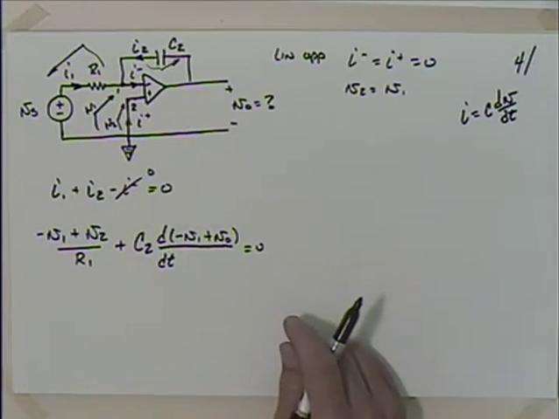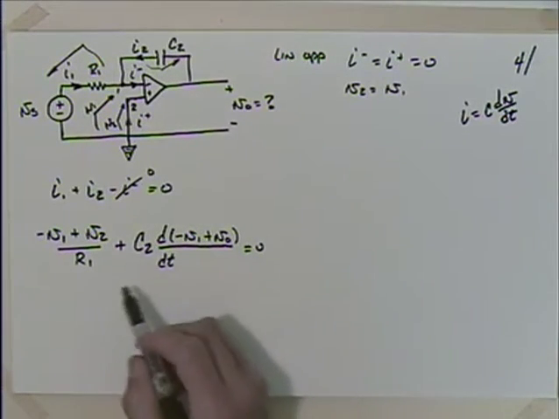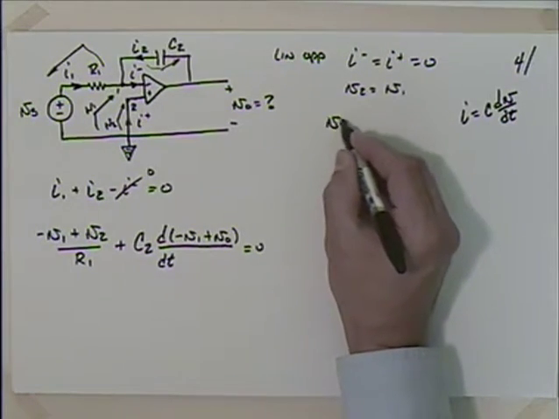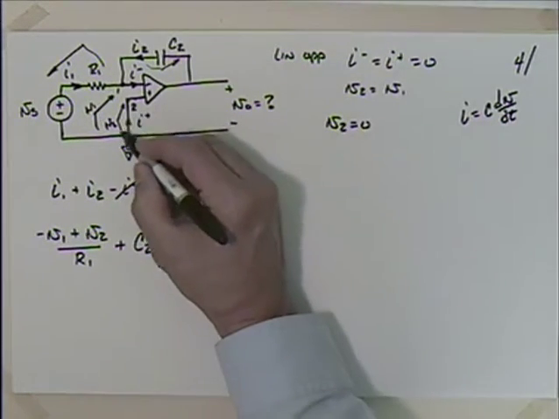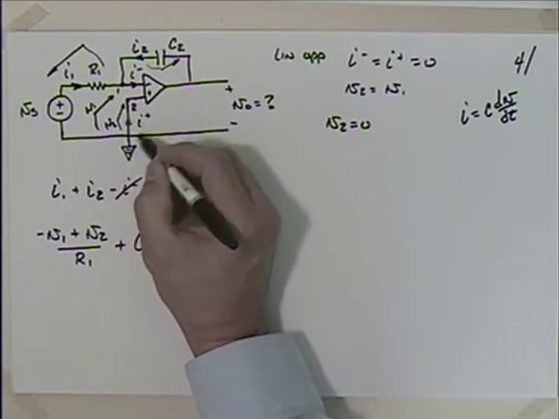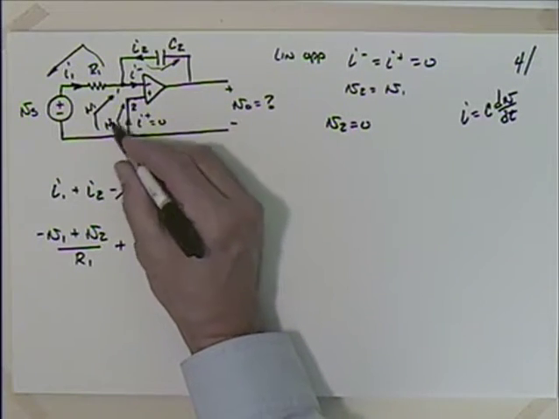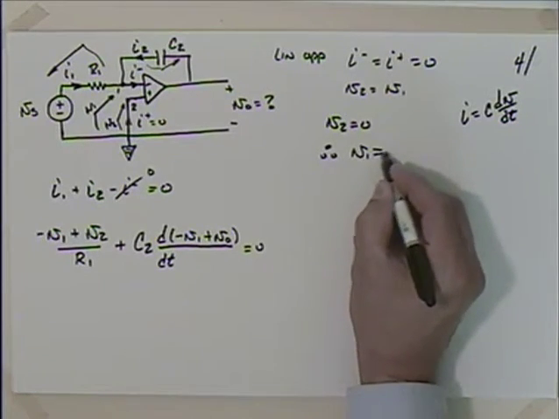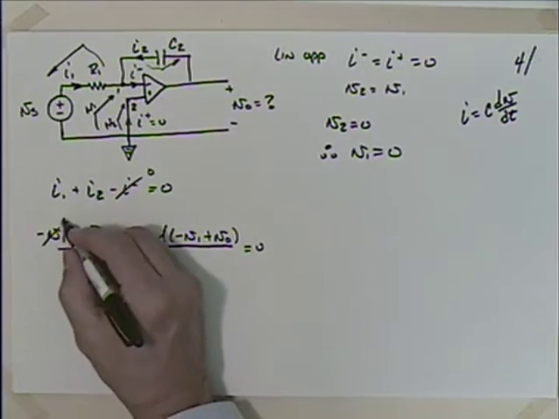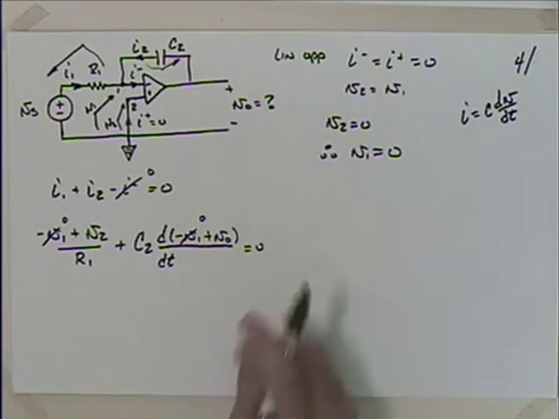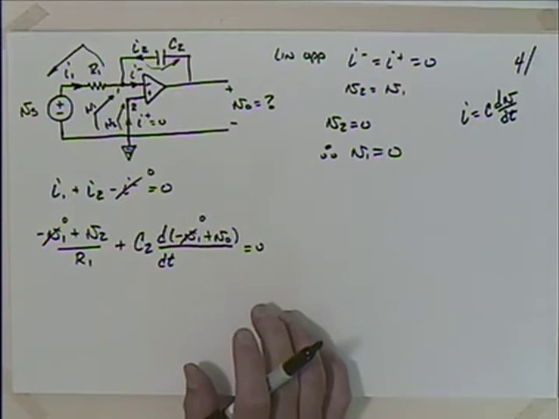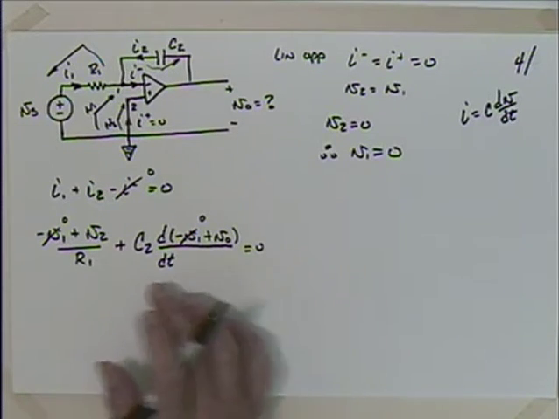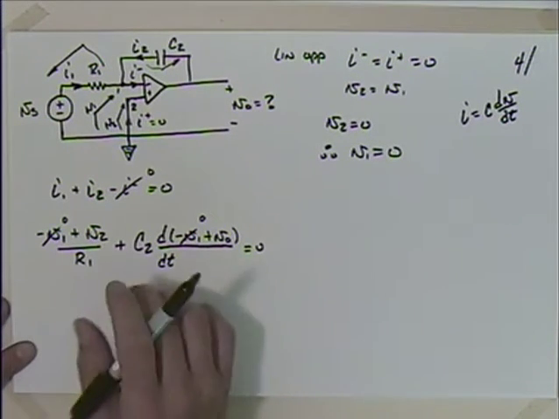Nice equation. But what? Two unknowns. Well, I come back over here, V2 is equal to 0 volts. Even if there was a resistor in there, because this is equal to 0, V2 has to be equal to 0. So therefore, V1 is equal to 0. So if I get to say that that's 0 and that's 0, I now have an equation that I can solve for V naught, the output, in terms of Vs.